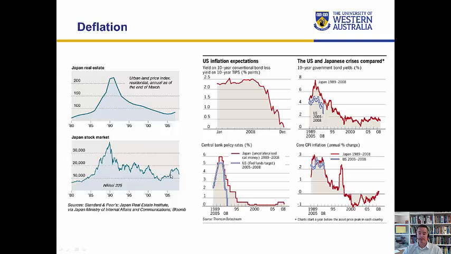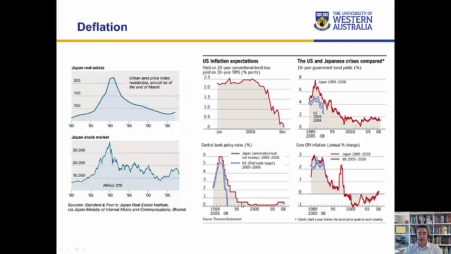So big crashes there. The key thing here, because we're talking about deflation, is the ongoing recession that the bursting of these two bubbles pushed the Japanese economy into. Down the bottom, we can see two graphs where the central bank policy interest rate for Japan, the red line, was cut drastically from 6% down to close to 0% over the course of the 1990s.